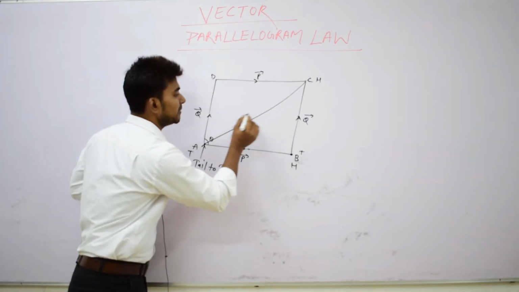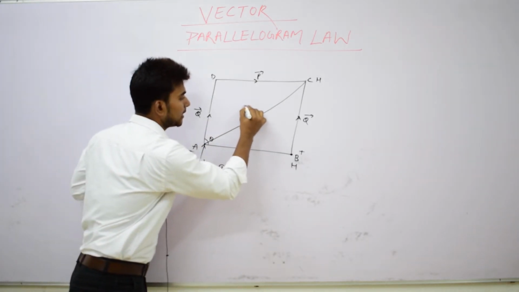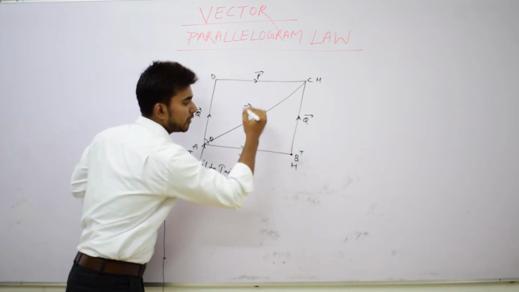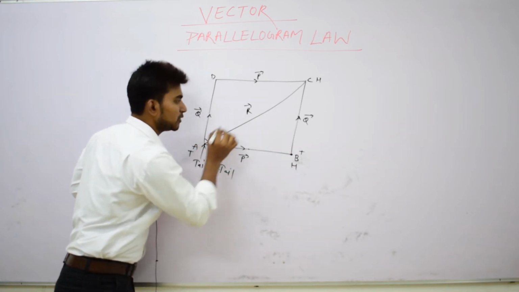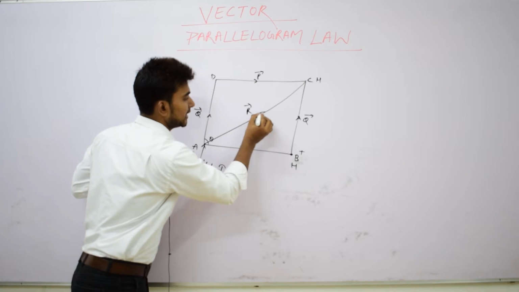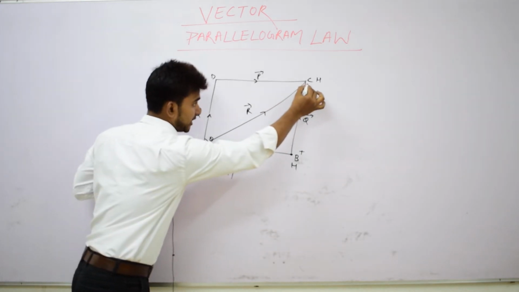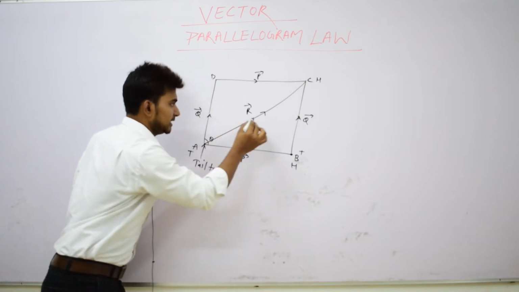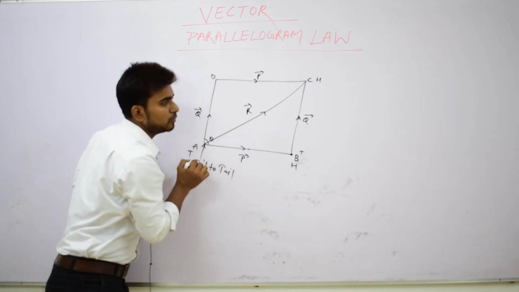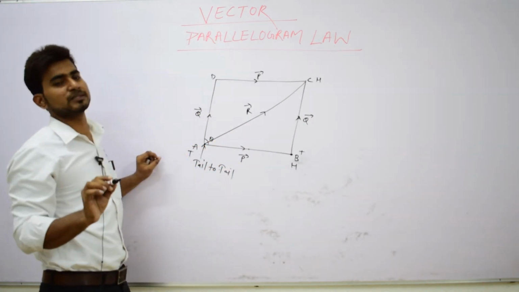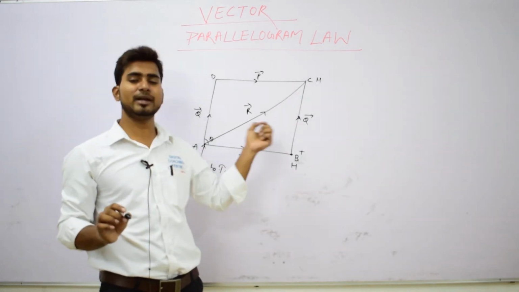The resultant will be R. How is the resultant added? Tail to tail and head to head. So the resultant head will be towards the head and its tail will be connected to the tail. Always remember that the resultant is added head to head and tail to tail.